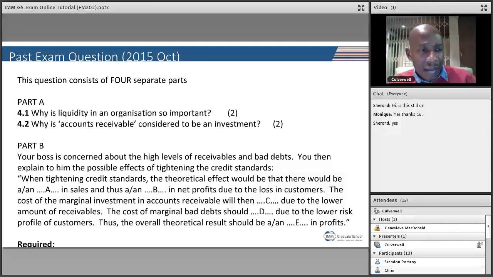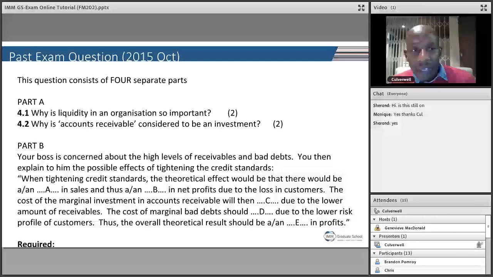Question 4.2 then says, why is accounts receivable considered to be an investment? Remember the general interpretation of an investment. With an investment, you put away some money today with the hope of getting a return in future. That's the concept of investment. In the same token, if you look at accounts receivables, the inventory that debtors will come and buy from us, we would have already bought using our own financial resources.